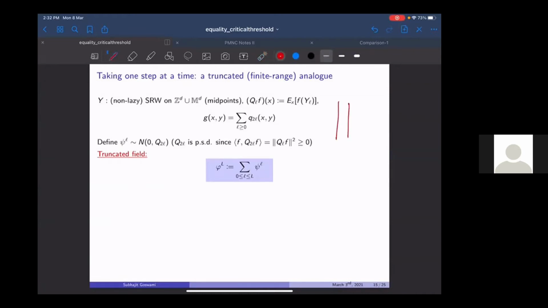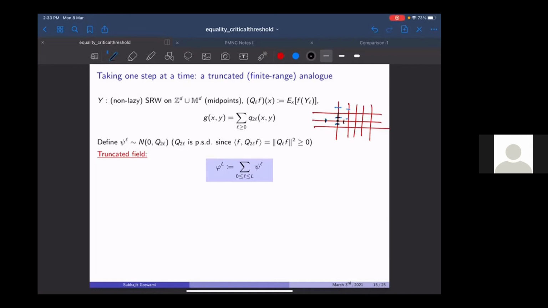If you do your Z^d, you introduce these middle points, the midpoints of the edges, and you can think of the random walk as doing the following. Your random walk on Z^d goes from one vertex to the adjacent one. Instead of doing that, you can decompose it into two steps. In the first step, the random walk goes to a midpoint adjacent to it.